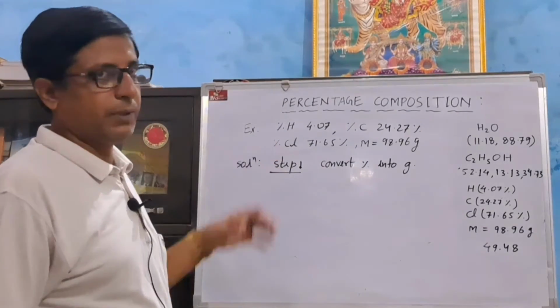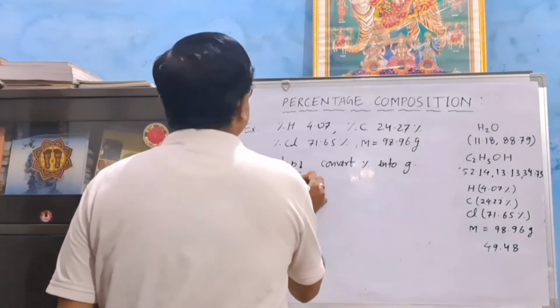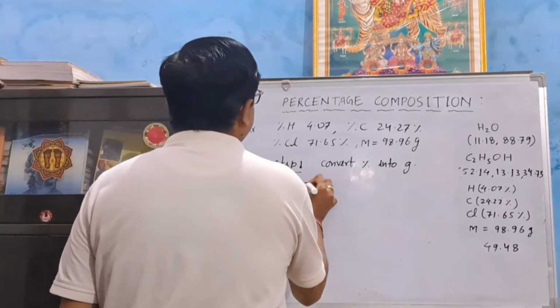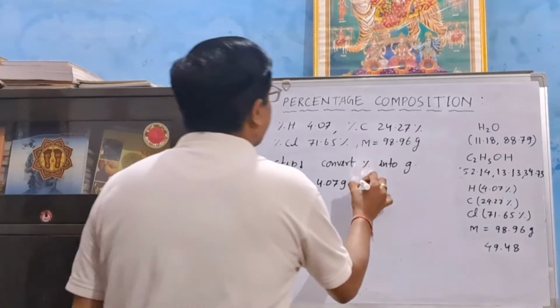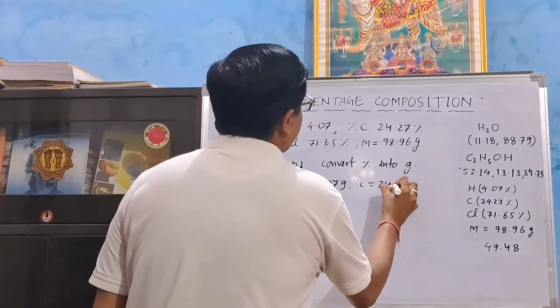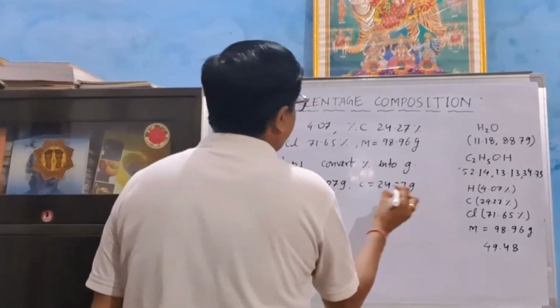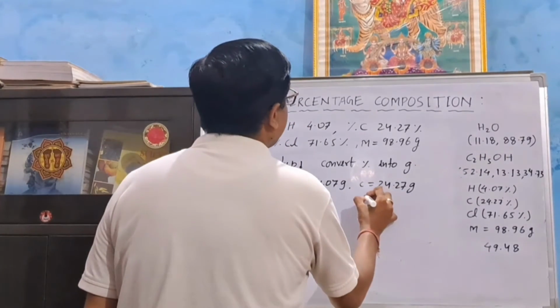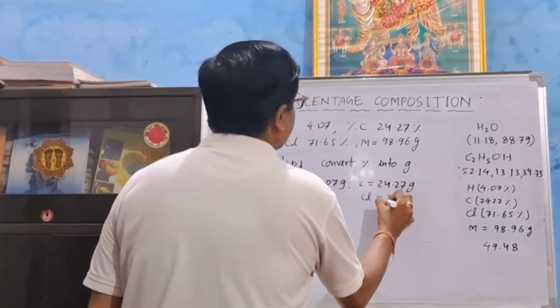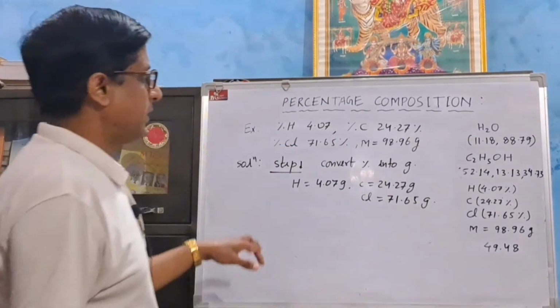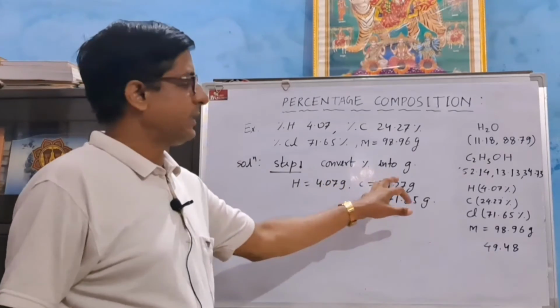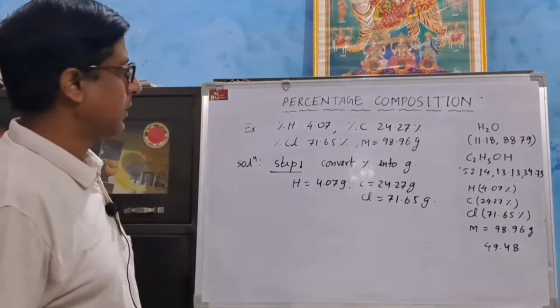Masses of different elements: therefore, hydrogen is 4.07 gram, carbon is 24.27 gram, and chlorine is 71.65 gram. In this step, we have converted mass percentage into grams.